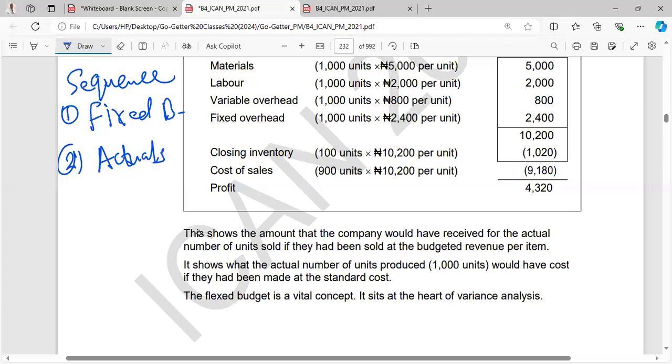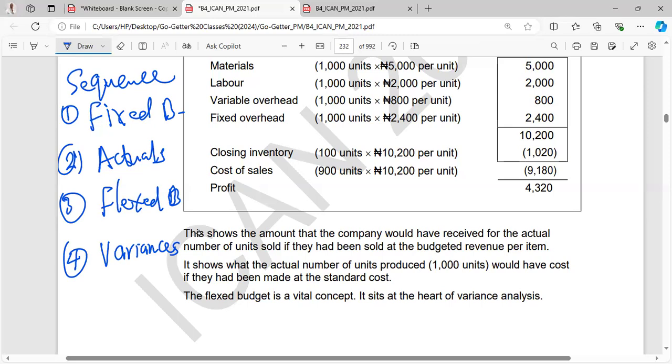Then the third, you make a flexed budget to reflect the actual level of activity. Then after that, you do your variances. So you cannot just do your fixed budget and your actual, you now do variance.